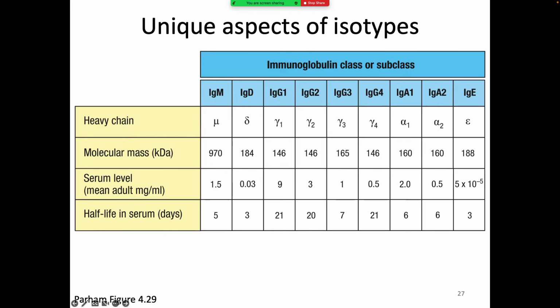All right, so your textbook has 2 tables in it that talk about the unique aspects of different isotypes. First thing to note here is that this table, as well as the next table from your book, does divide up IgG into IgG subclasses. So you can see there's IgG1, IgG2, IgG3, IgG4.